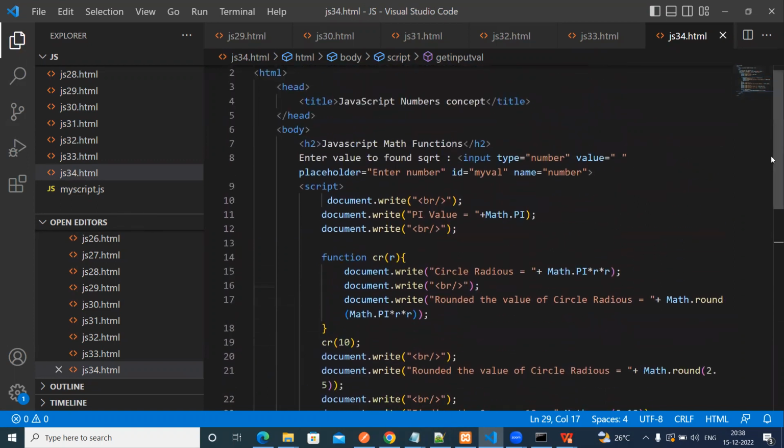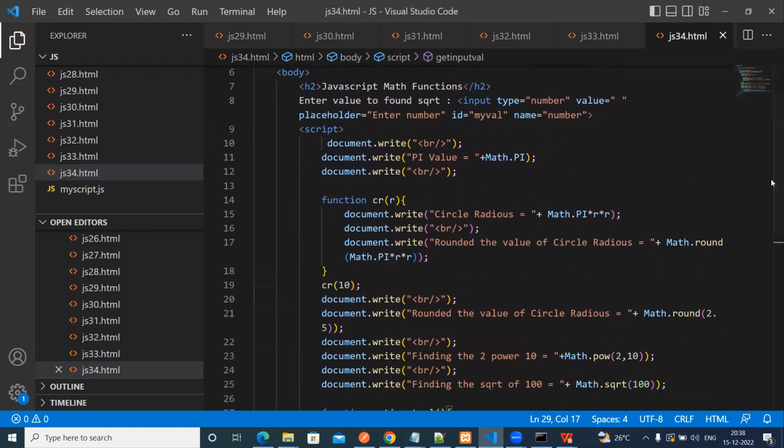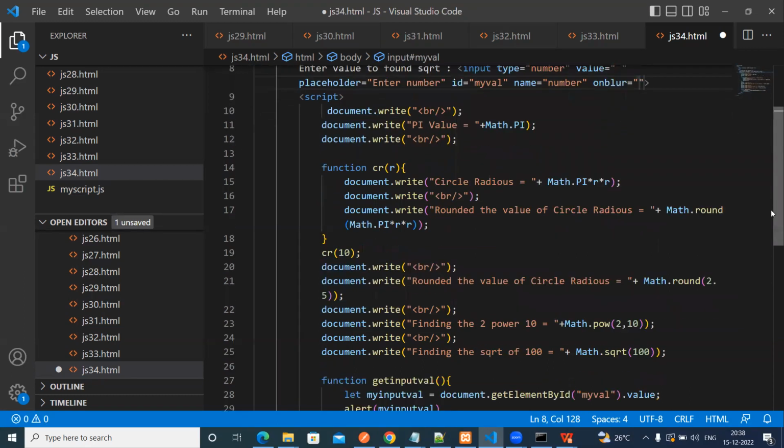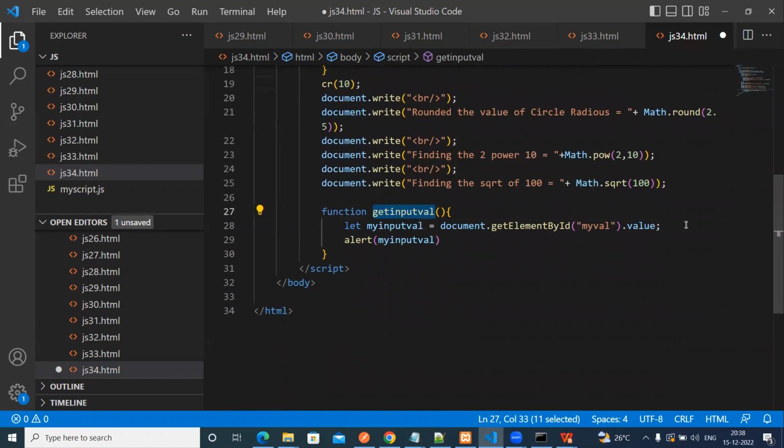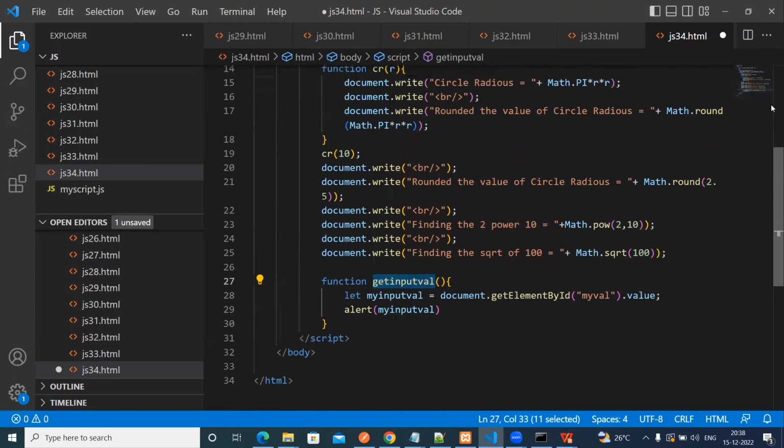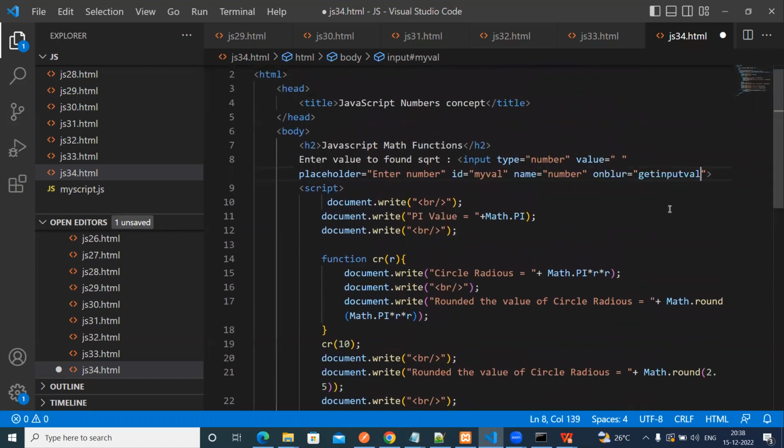We discussed keyboard functions and form functions. What is a form function? Either onclick or after submitting, we can write it, or onblur. What is our function name? getInputVal. Okay, so we are calling the function.